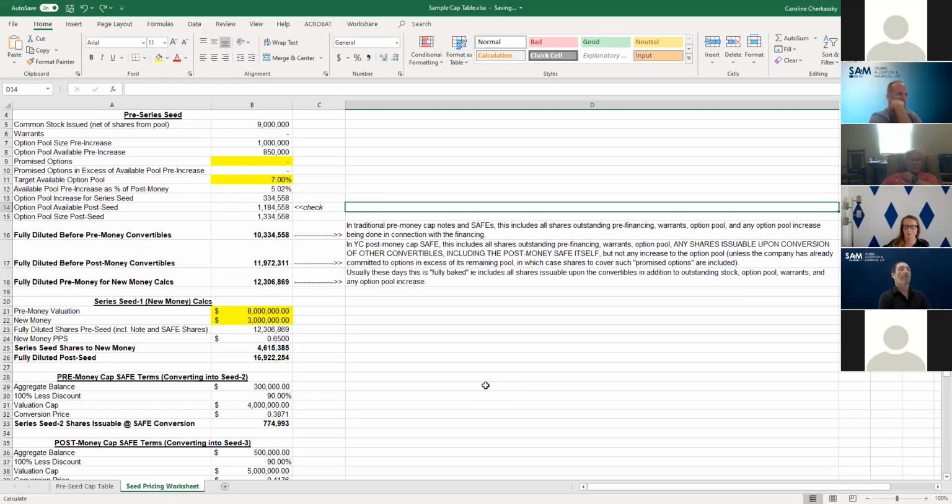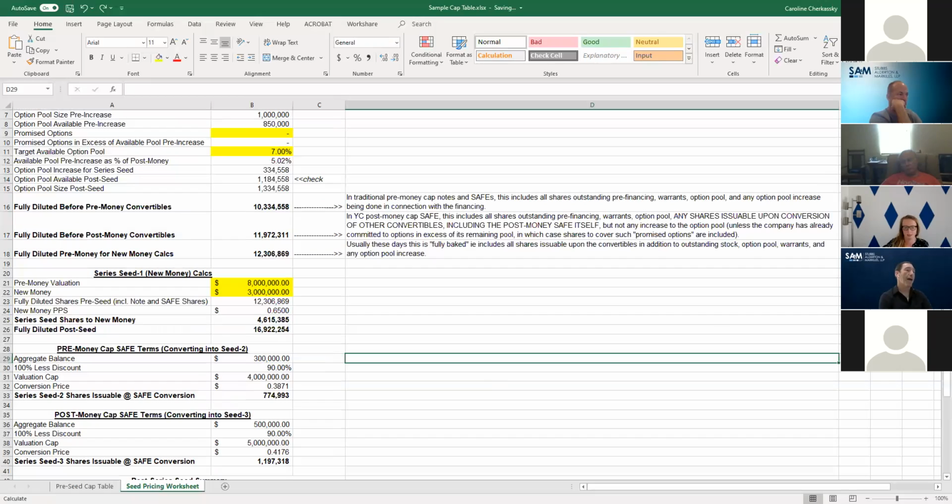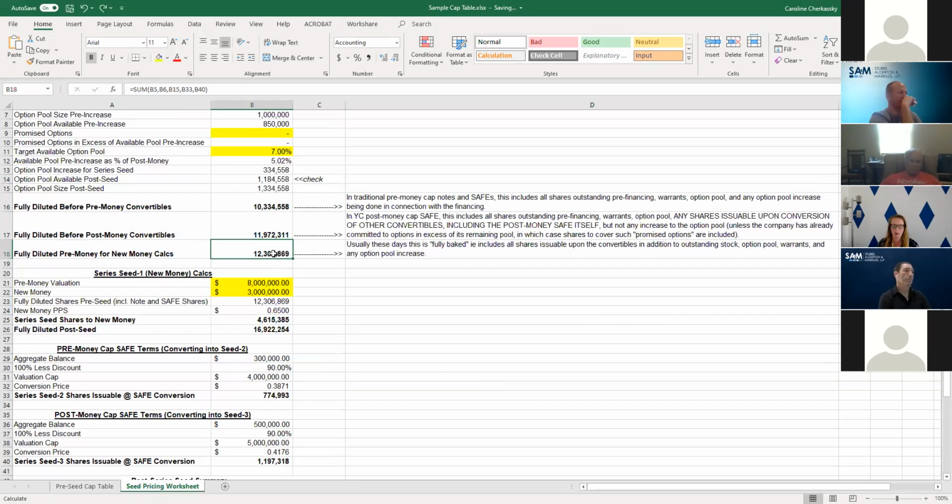They're better off than just investing in the new money, but they're also diluted by the new money in this math. Yes, they are diluted by the new money in that their shares go into the pre-money for the new money. However, they're diluted by the new money only to the extent of their cap. If you use the discount, for instance, then they're really being treated like they're getting the same denominator in that case as the new money.